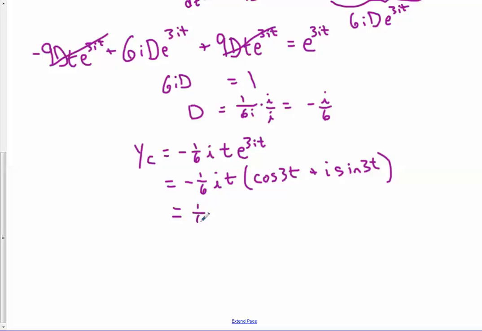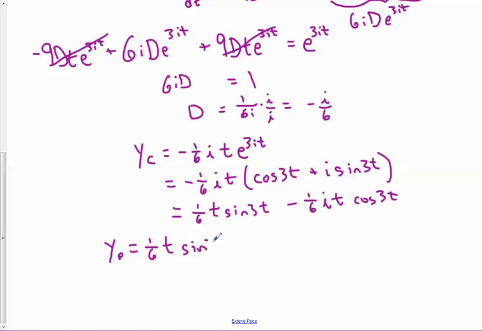So what do I get? I get 1/6 t sine 3t. That's my real part. Now, I don't really need it, but let me just finish up the rest of this. It would be minus 1/6 i t cosine 3t. That's the imaginary part. But there's the real part. So my yp for my original problem is 1/6 t sine 3t.